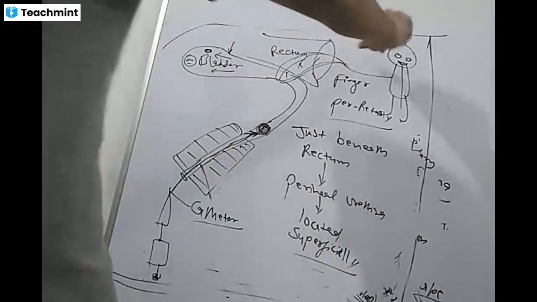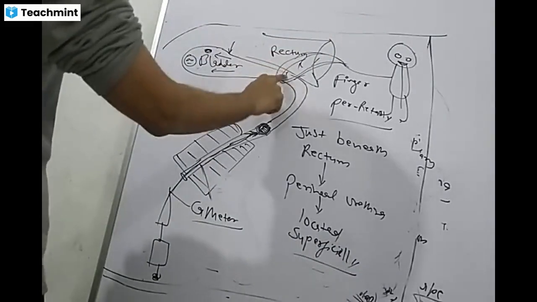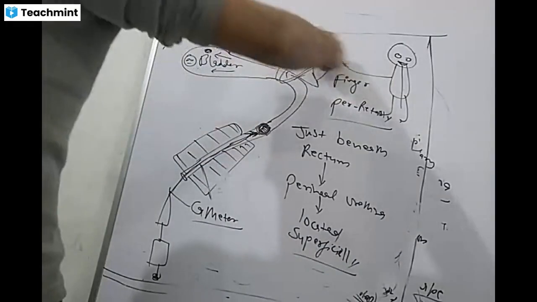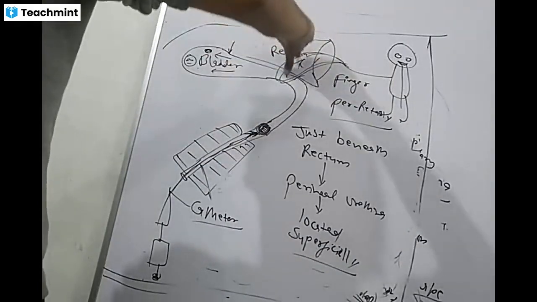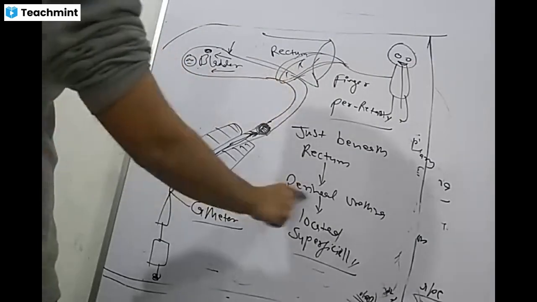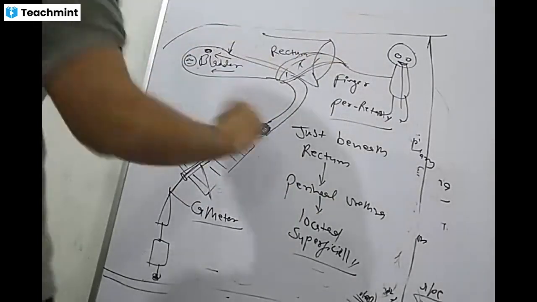If you put your finger through the rectum, you will find the perineal urethra. Two parts of urethra, perineal, penile. You put your finger and you press the perineal urethra. Because it is superficial, you can easily press it.